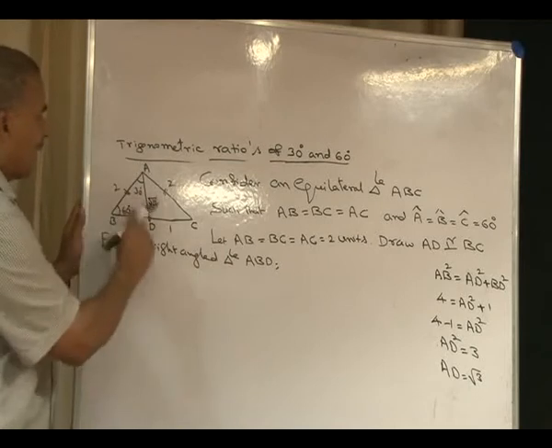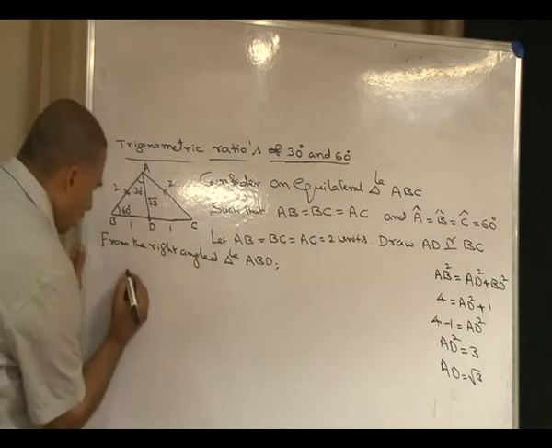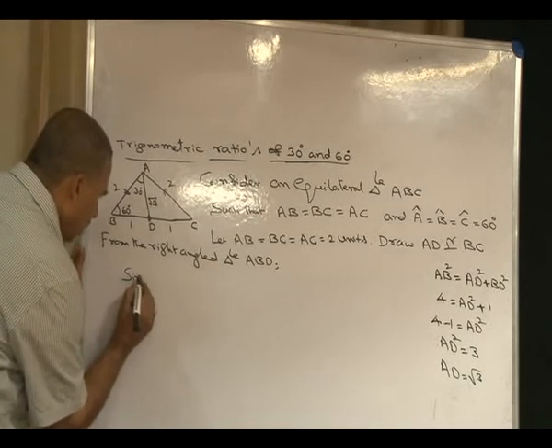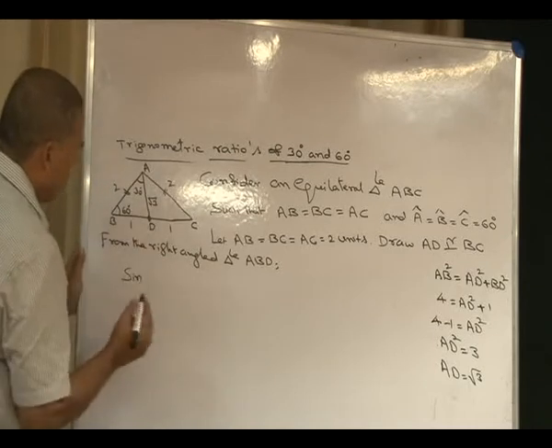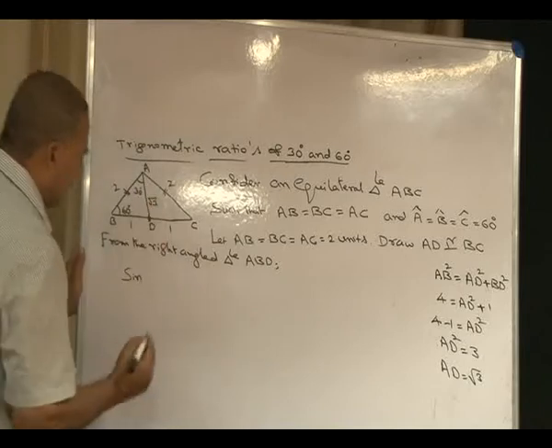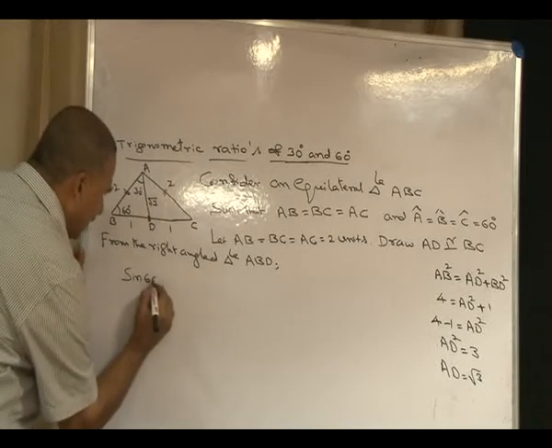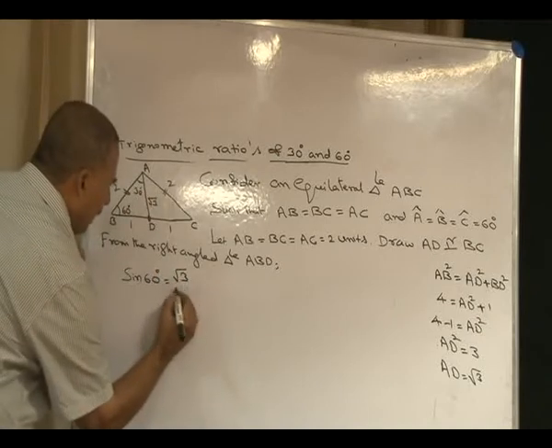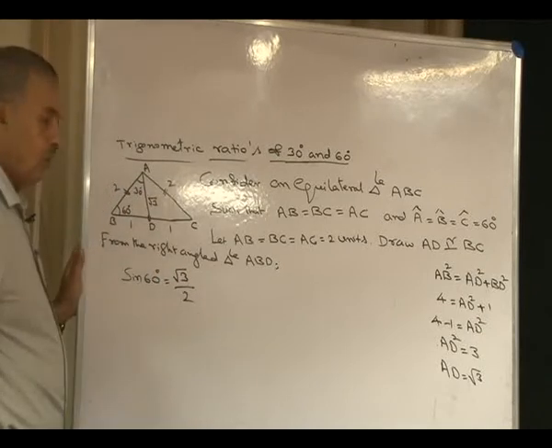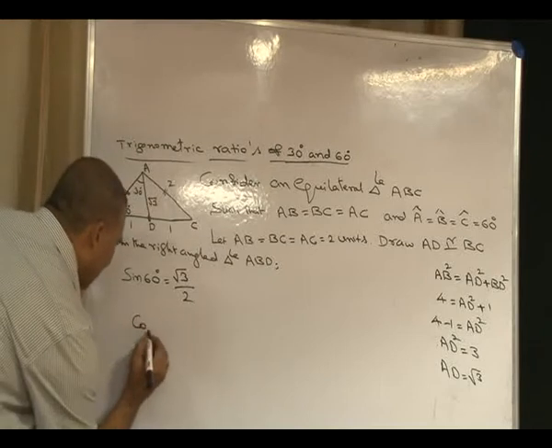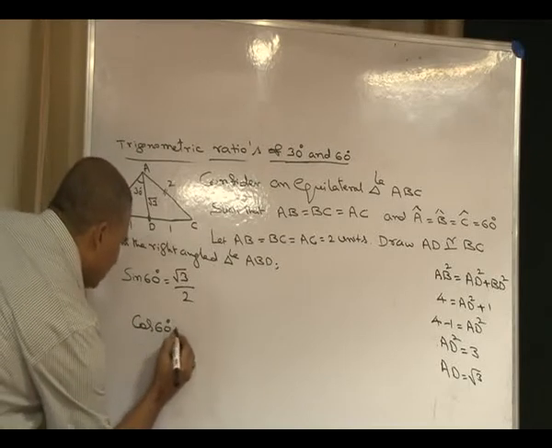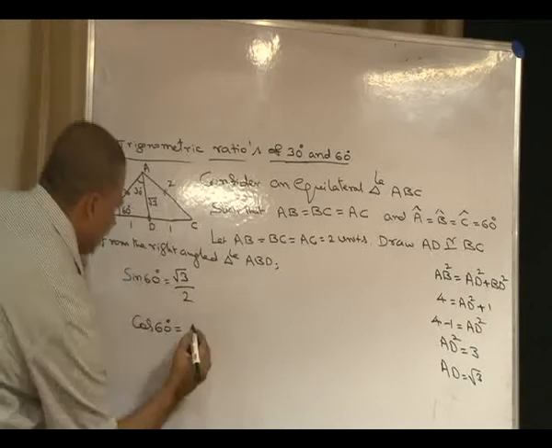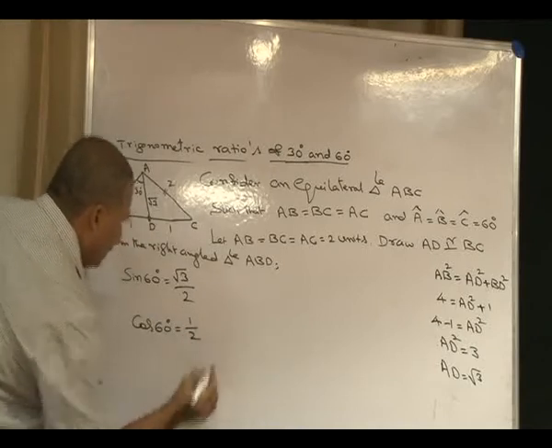From the right angle triangle ABD, we may write the trigonometrical ratios of 60 degrees. Sin 60 degrees is equal to opposite side root 3 by hypotenuse 2. Cos 60 degrees is equal to adjacent side 1 by hypotenuse 2.